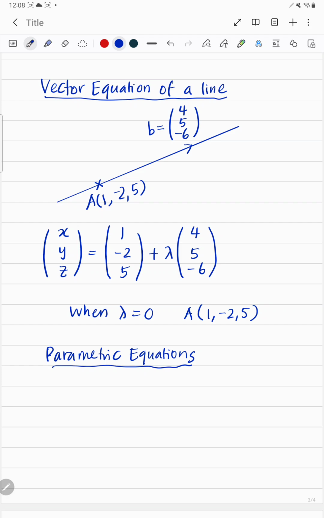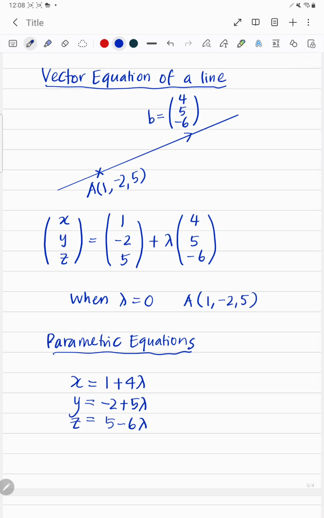For example, the same equation of the line can be represented in parametric form, which is x equals to 1 plus 4 lambda, which is representing the x coordinate, and the y coordinate is -2 plus 5 lambda, and z coordinate is 5 minus 6 lambda, and this is called the parametric equations.